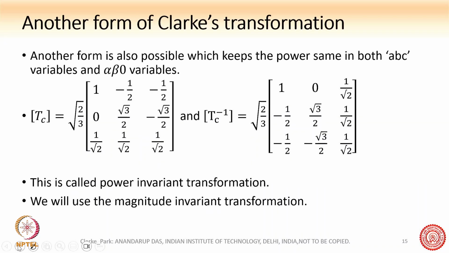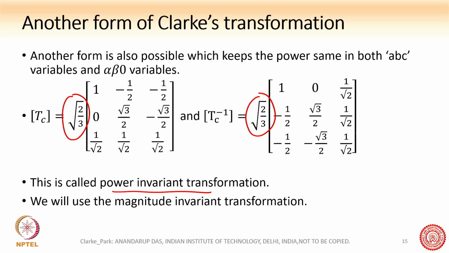On the other hand, some authors use another form of Clarke's transformation which keeps the power the same in both ABC and alpha beta, but then they use a different multiplying factor of root over 2/3. This is called power invariant transformation. Here the powers remain the same, but the magnitude will change between ABC and alpha beta.